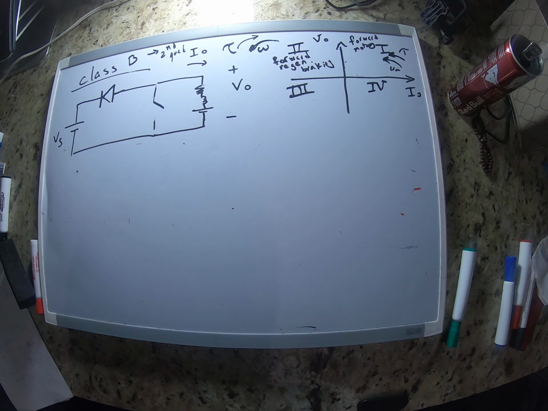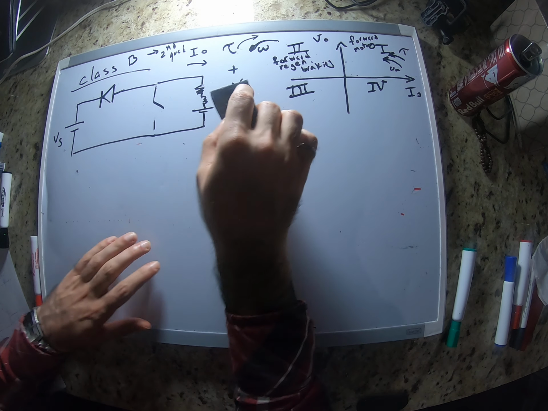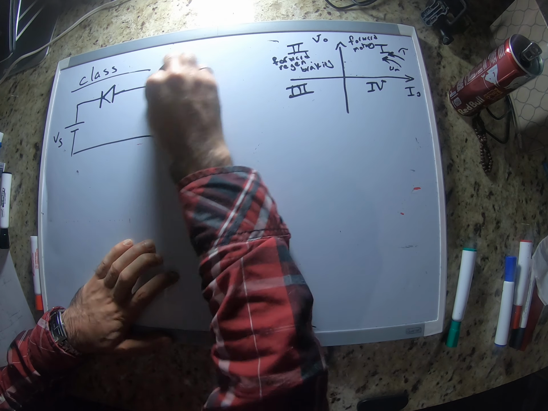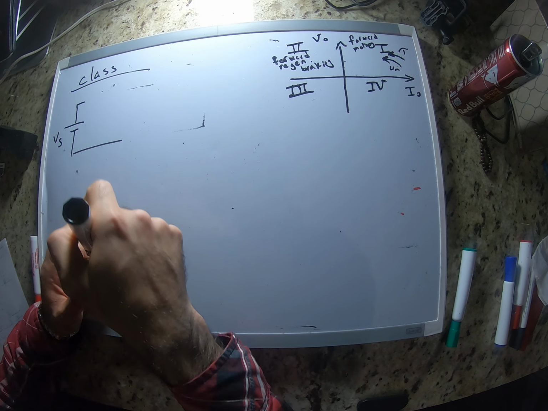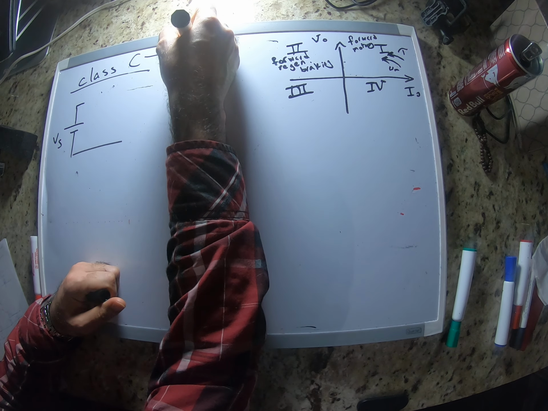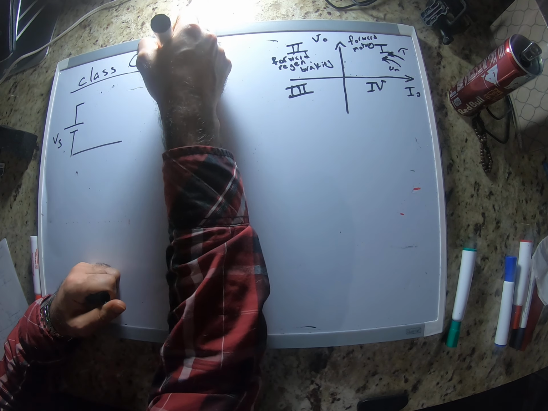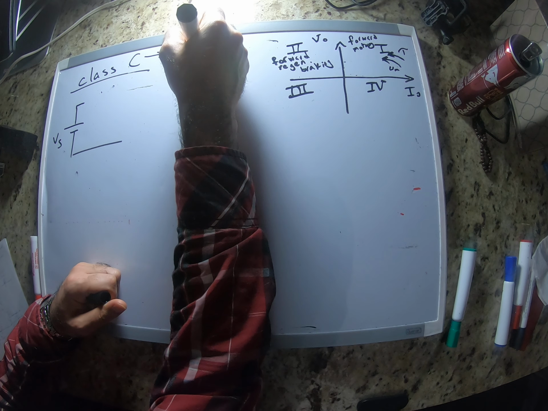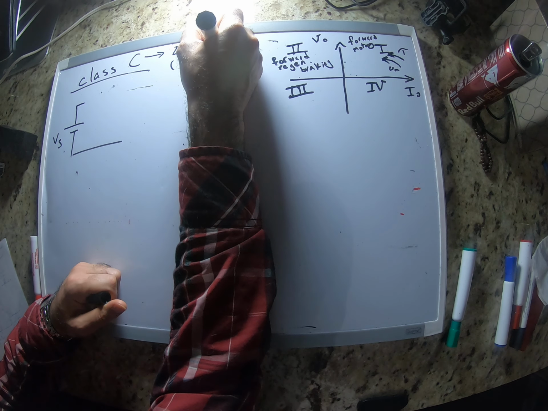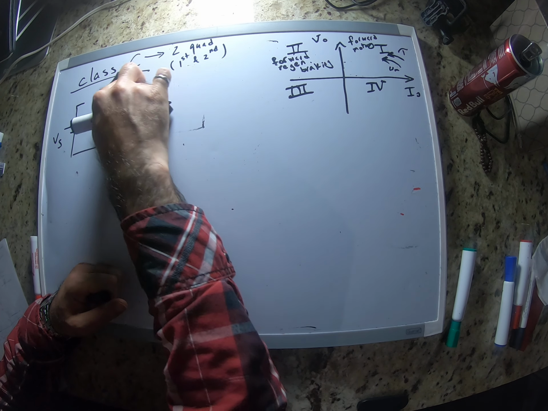It operates in two quadrants. Let's see how the circuit looks like. So this is class C, which is gonna be a two-quadrant chopper, and it's gonna operate in the first and second quadrant, and it looks like this.